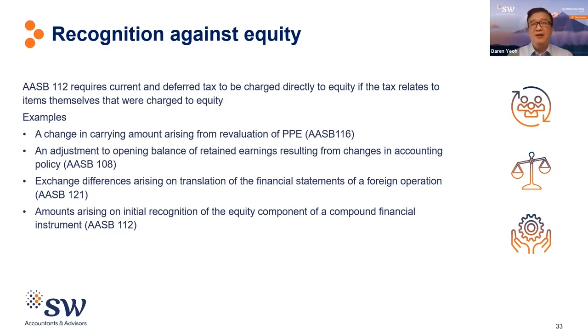You will note that you have certain accounting entries which you post against the equity section of your balance sheet. Some of the examples are you might revalue an asset, or when you apply a new accounting policy or accounting standard, you might make an adjustment to your opening balances against your retained earnings. Two common ones which I also see include when you apply hedge accounting, or you are accounting for defined benefit plans. So let's look at an example to clarify that adjustment.